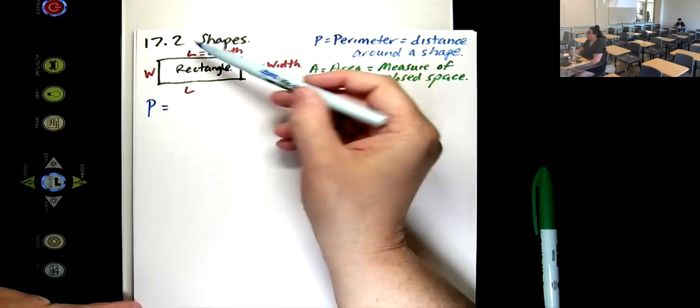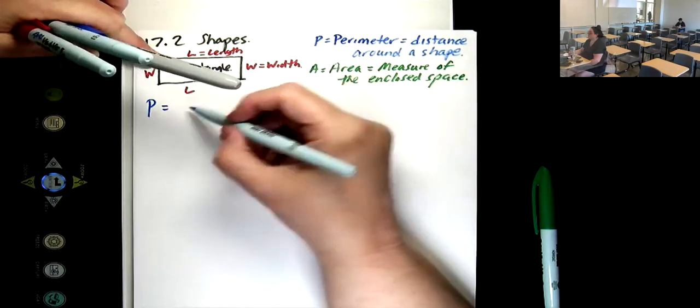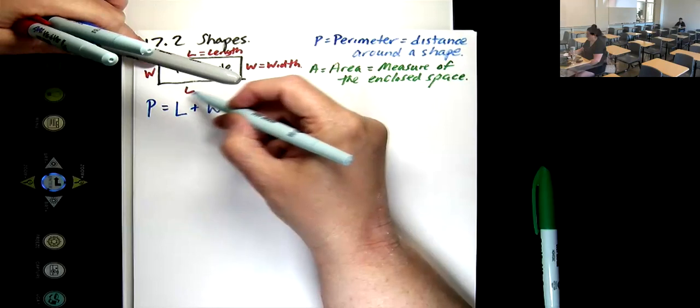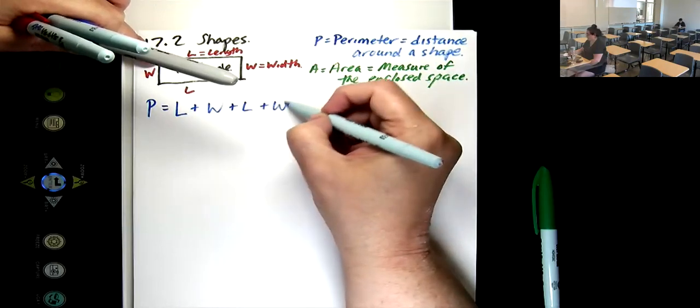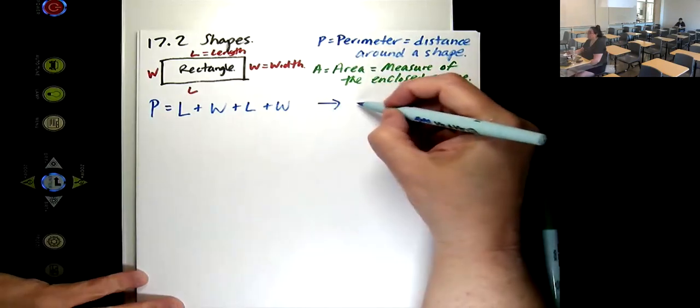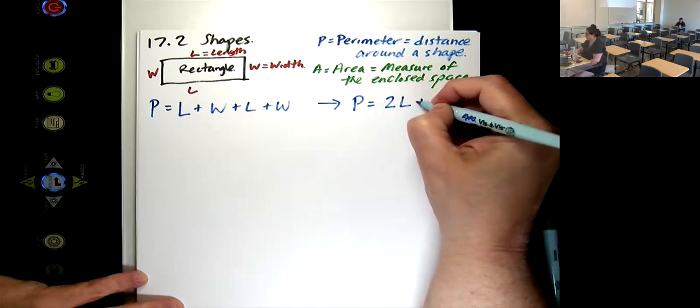For a rectangle, we usually use P for perimeter and A for area. One way to do the perimeter is just start at a corner and go around the object: L plus W plus another L plus another W. If I were to rewrite that as a formula to memorize, there is 2L plus 2W.